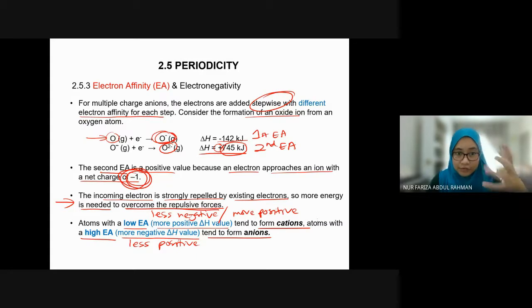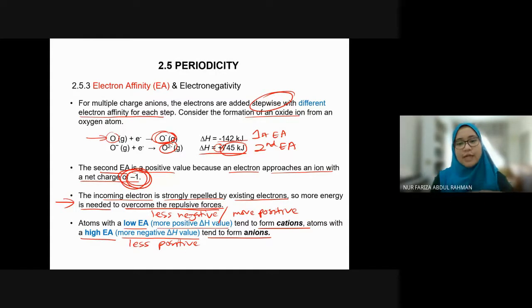Across the period, EA increases. We know that group 17, group 16, group 15 tend to form ions, because they need to accept electrons in order to become like a noble gas, to have a stable configuration.